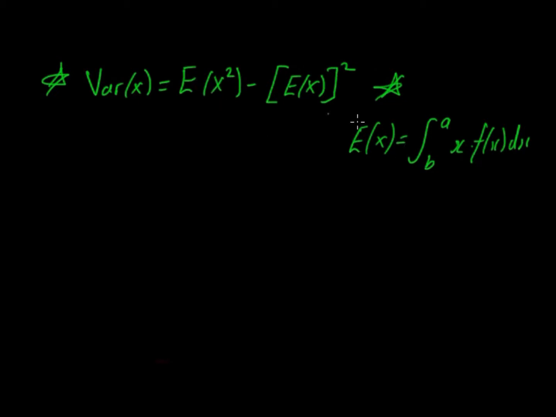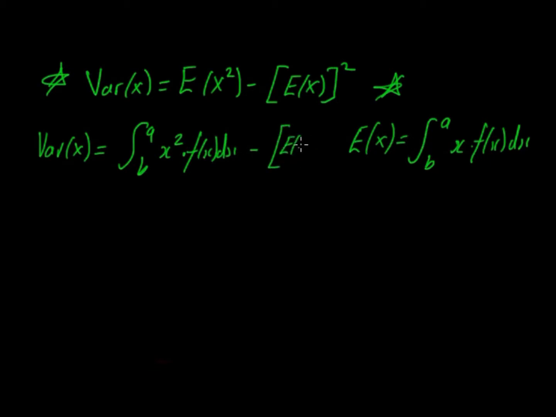Now this is saying x squared, so therefore you can say that the variance of X is equal to the integral from a to b of x squared times f(x) dx, minus E(X) squared. Think about this as the integral of x squared times f(x) dx, minus the mean squared.